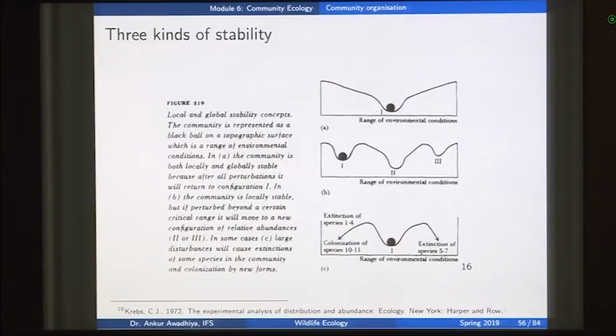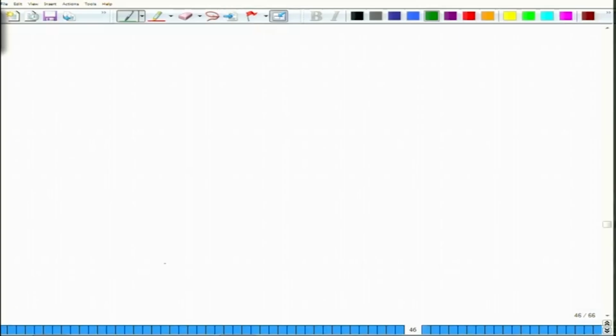Why? Because if you have a lesser biodiversity, you will probably have a few food chains, and so if there is some change at some particular trophic level, the whole community will collapse.